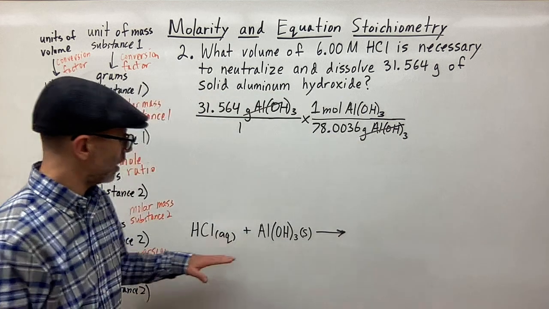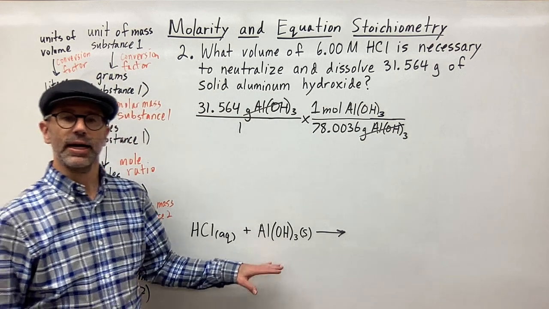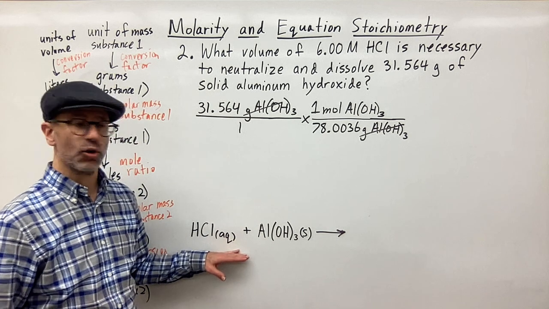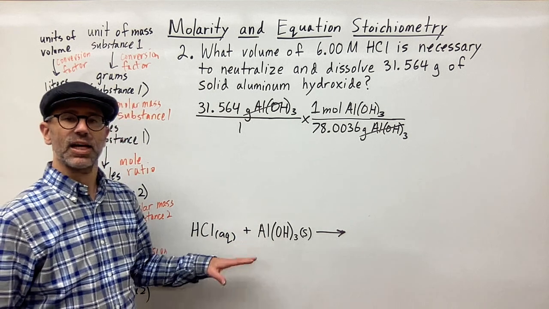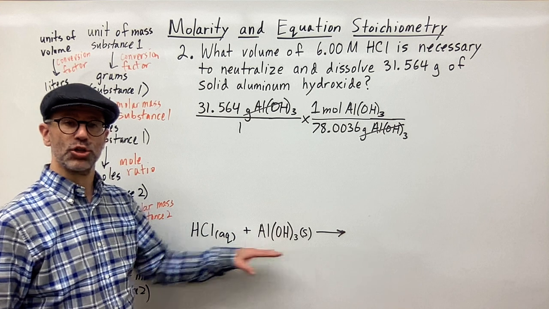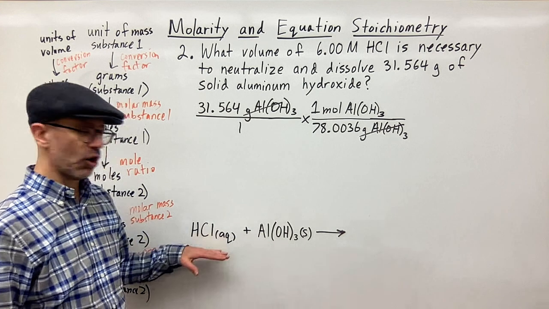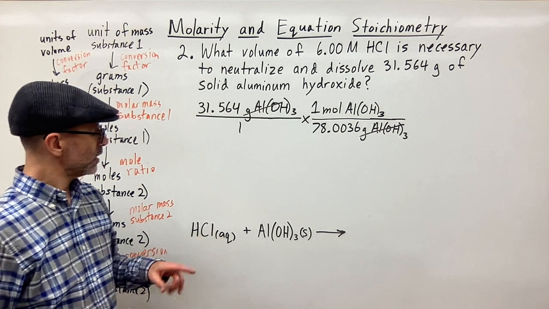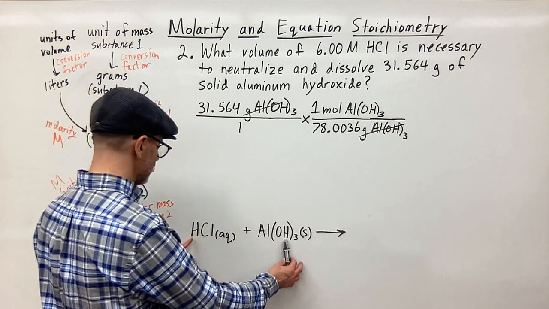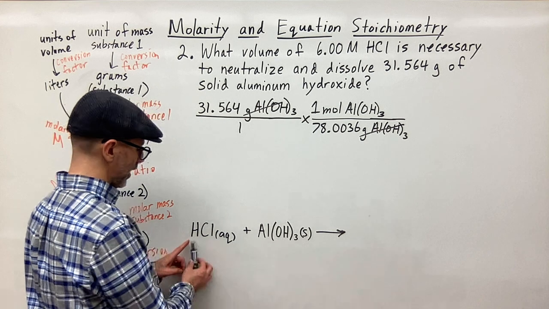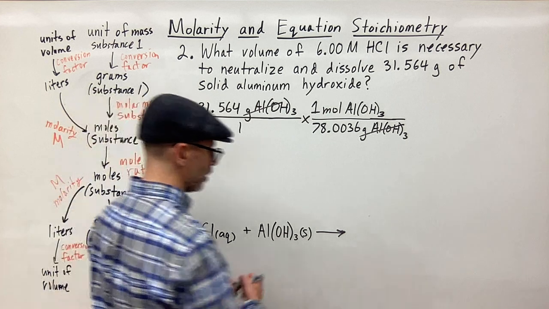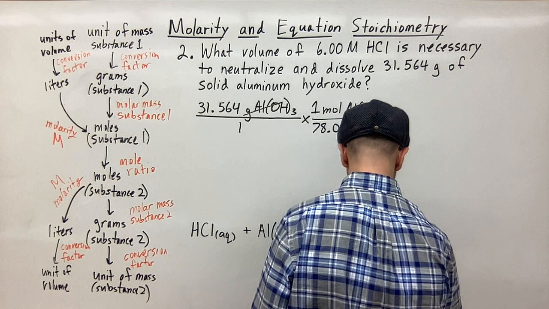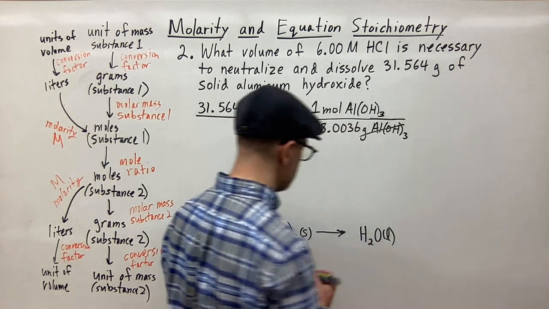Now, to form the products in a neutralization reaction, to predict what your products are going to be, you treat this like a double displacement reaction with two ionic substances. Even though your HCl is not an ionic substance, it will ionize. So you can put the outside ions together. Hydroxide and hydrogen form water. That's going to be one product, liquid water.